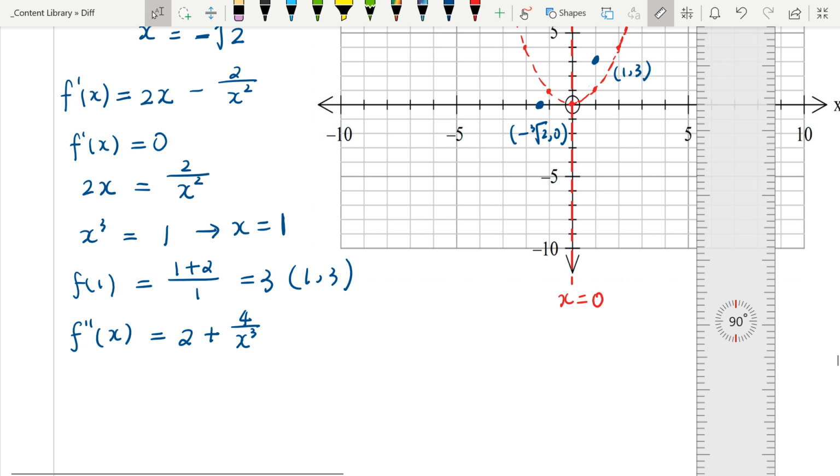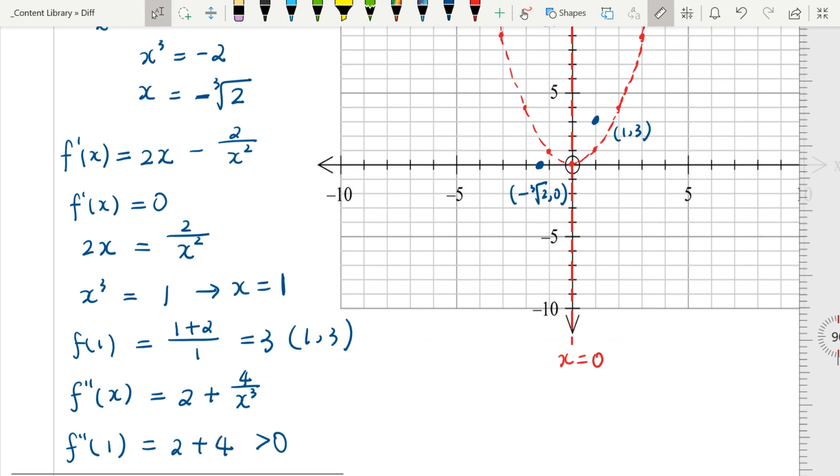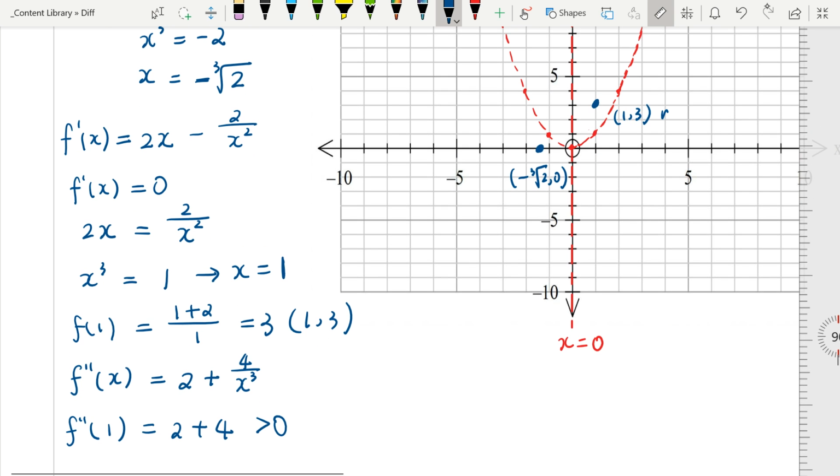Otherwise, it's going to touch the asymptotes and just go across the outside of the parabola. So that's something reasonable to say. But if you're not sure about it, just test the second derivative. That's 2 plus 4, and that's definitely greater than 0. So this one is a minimum turning point. You can just write it here to make sure you know that's a minimum turning point.